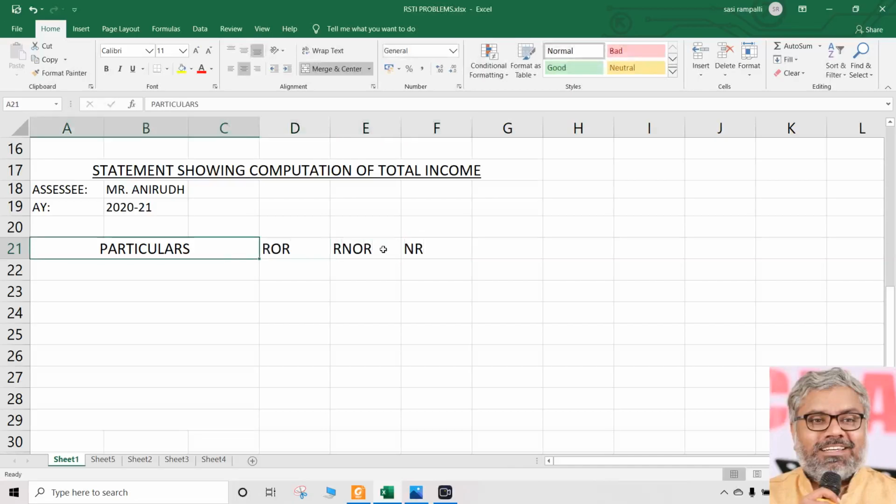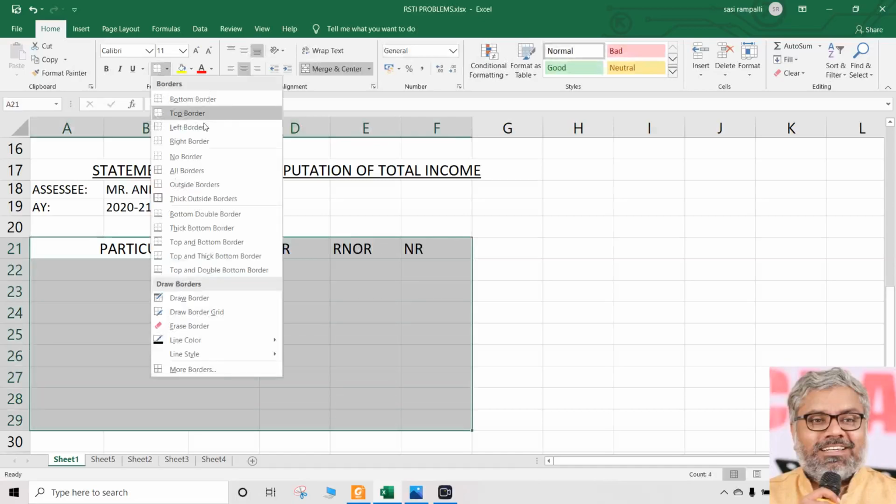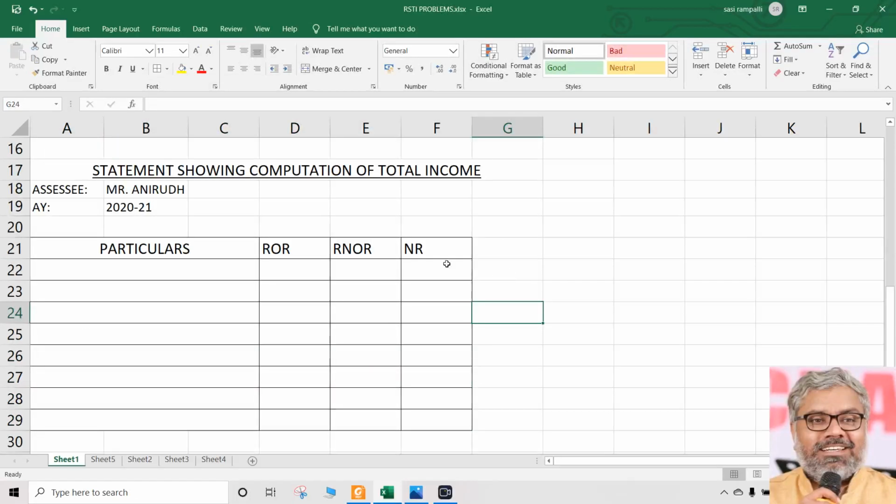Three types of residential statuses are there here. So we have simply different points to be made here. So that's it. That is going to be our answer finally. So statement showing computation of total income, definitely here we are talking about in rupees.